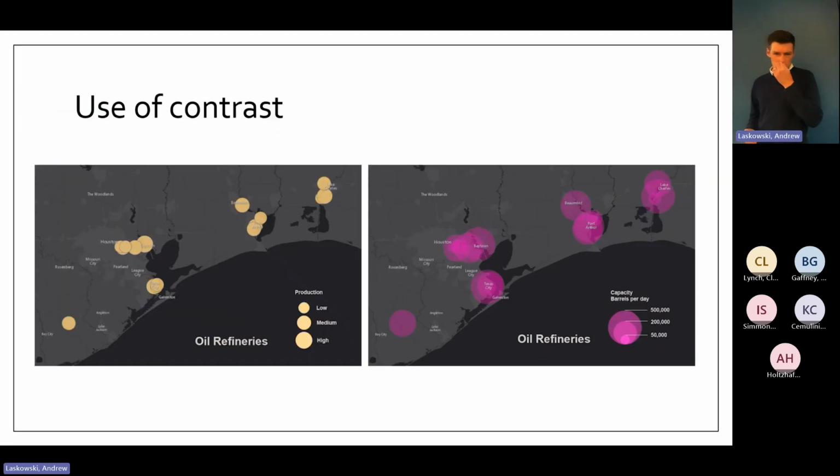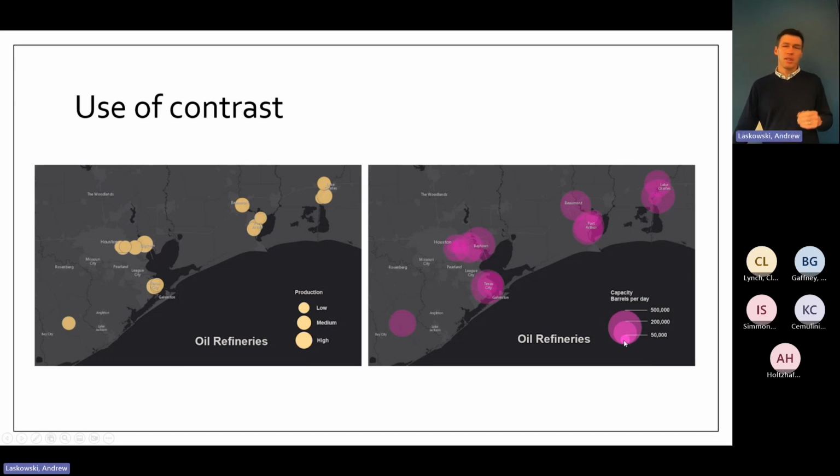So here's a couple examples of how use of contrast can vary the perception of the map. I don't think either of these maps is bad. Again, we're sticking with this theme of the Gulf Coast oil refineries example. This is a graduated symbol map. And on the right, we've sort of modified it to be a little bit more fancy. Maybe it's a bit more effective.